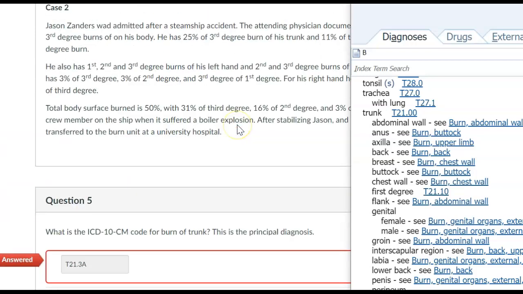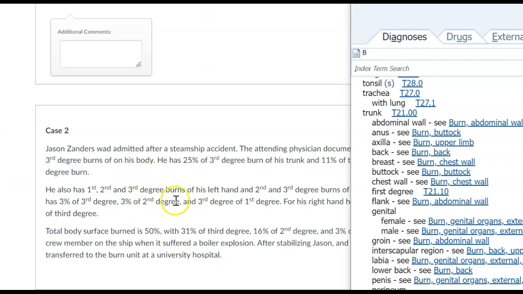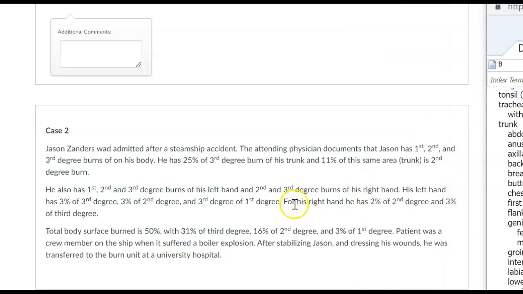This is from the documentation right here. Yes, 1st, 2nd, 3rd degree burns of his hand. If we go over here, 2nd and 3rd degree of his left hand. Let's go here when we talk about the trunk on his body, right here, sorry. 25% 3rd degree burn of his trunk.